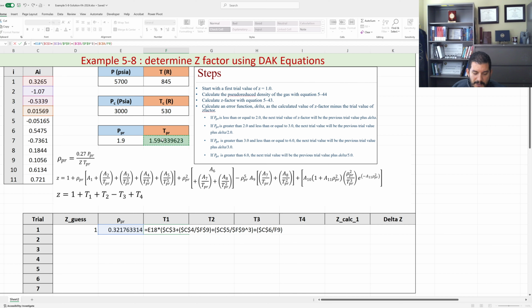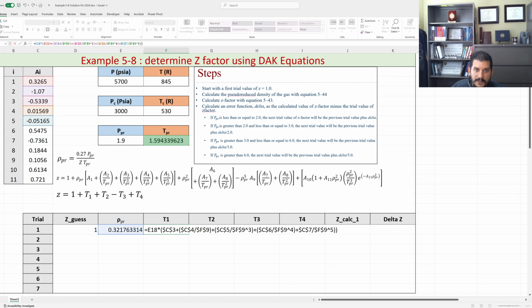So TPR, lock it, exponent 4. Okay. Plus A5, lock it, divided by TPR, lock it, exponent 5. Yes, 5. Now close the parentheses for that whole thing on the T1.